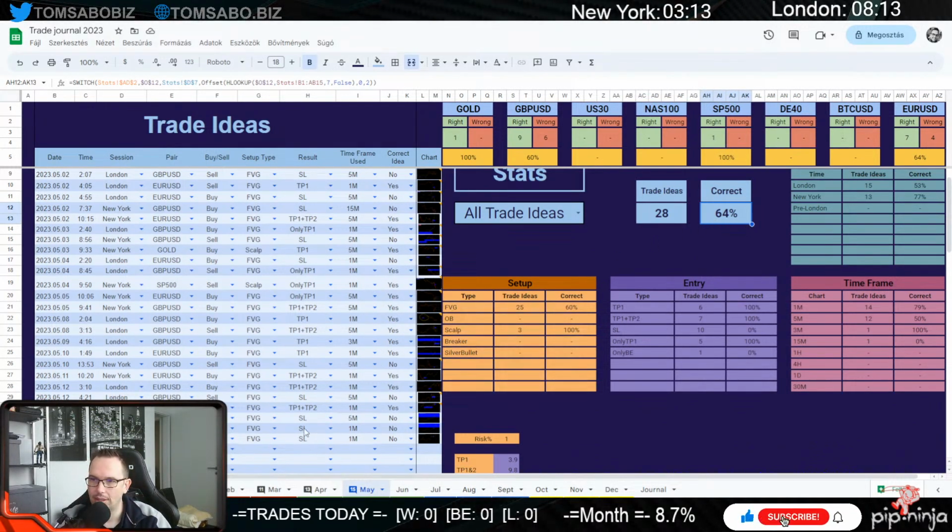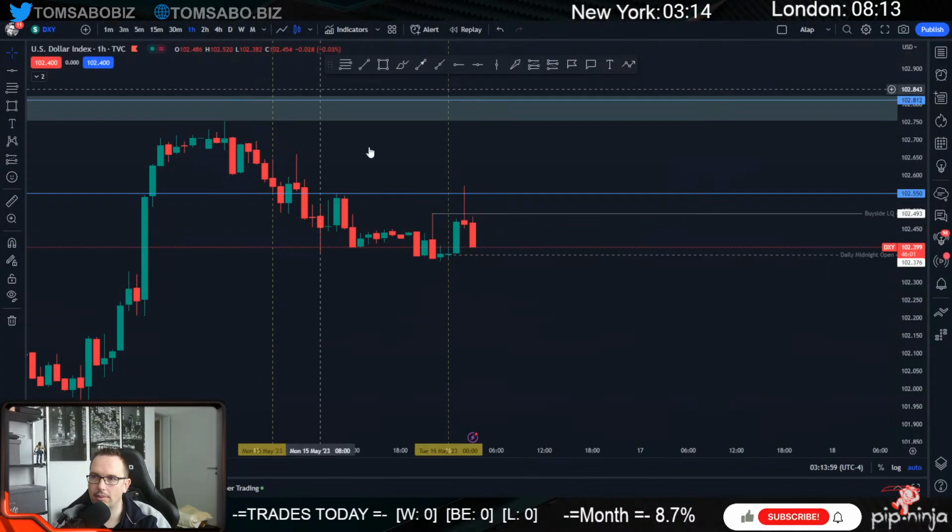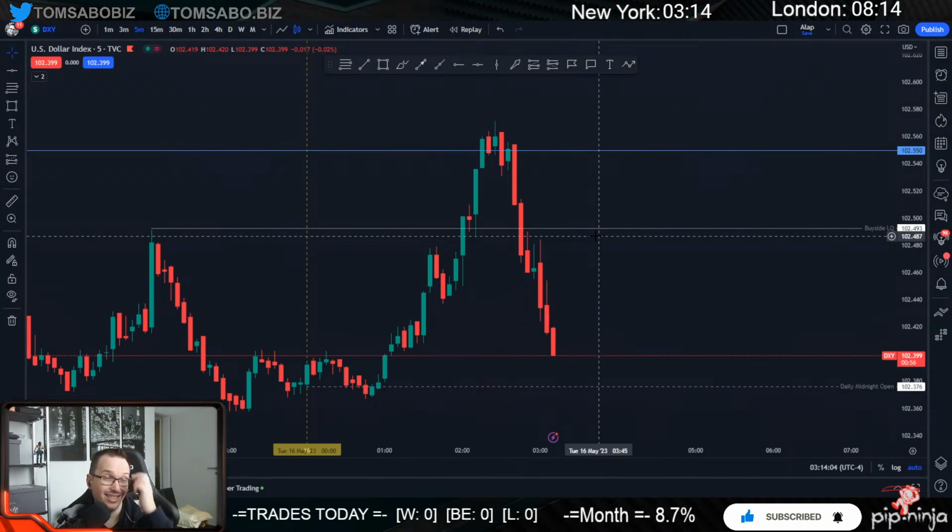But yesterday 3 stop losses, it was very bad. I would say my success rate would go down maybe to below 60% overall for the yearly as well. I would definitely be having more stop losses, but maybe the results would be the same.